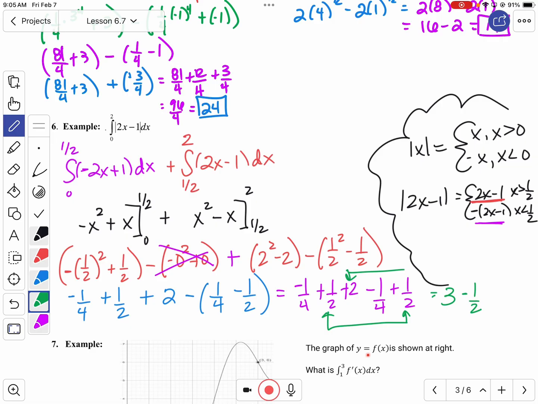So I have 3 minus 1/2, which is 2 1/2 or 5 over 2. Okay, so your fraction arithmetic's going to get really good, people. The good news is that I usually don't do much more than 8s, so there you go.